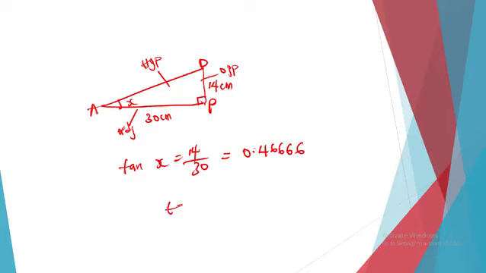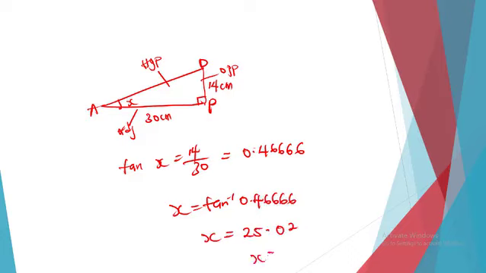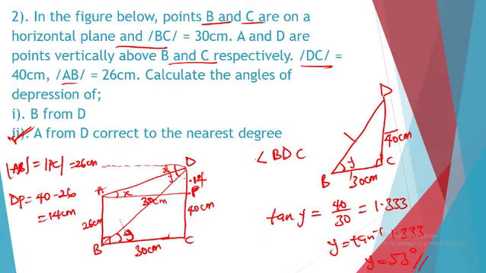Okay, then the value of X is then equal to the tan inverse of 0.46666. Therefore X is equal to 25.02, which is equal to 25 degrees to the nearest degree, and that's the value of X and the value of what? Y.